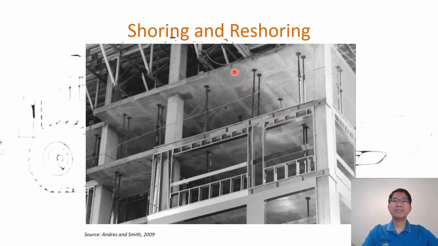And as you can see, shoring and reshoring, what is that about? In this case, this is a table form that we will discuss in another lesson video. In today's class we will talk about formwork later on. But as you learned in civil engineering materials, the concrete will not reach the intended design strength until 28 days or after.